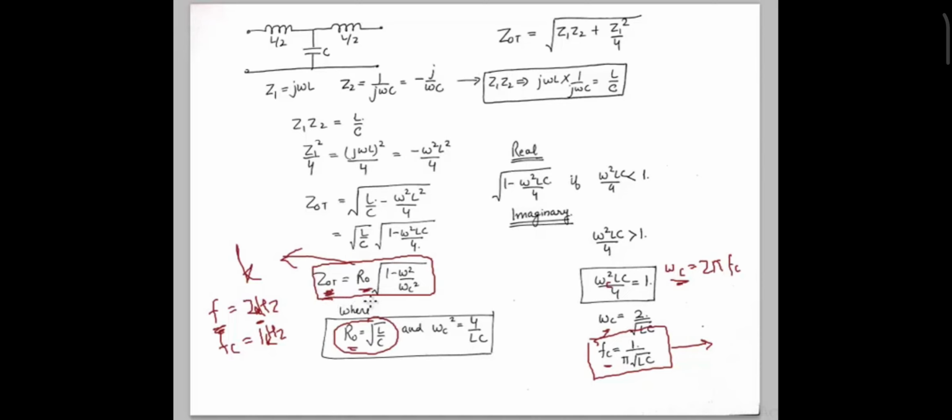So that is how you calculate ZOT, R naught, omega C, and all those stuff.